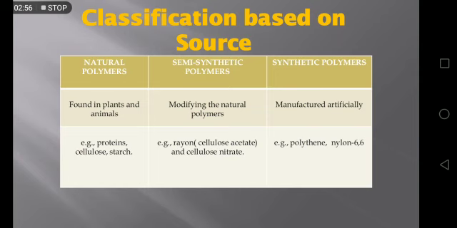So you can say it's a derivative in terms of chemistry. It's a derivative of the naturally occurring polymer cellulose. Synthetic polymers, the third category, are manufactured artificially, that is totally man-made polymers. For example, nylon and polythene.